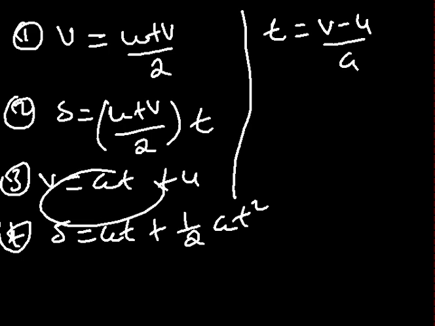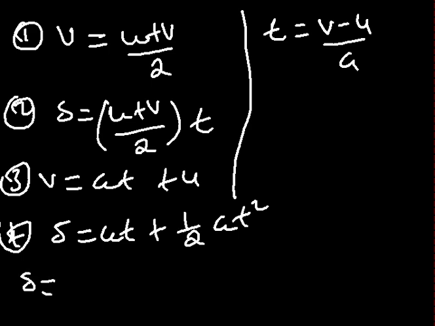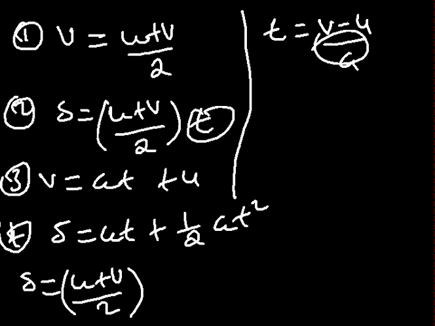Then we have to substitute this t into the second equation. What we'll have is the displacement is equal to (u plus v) divided by 2, times this t, which is (v minus u) divided by a.